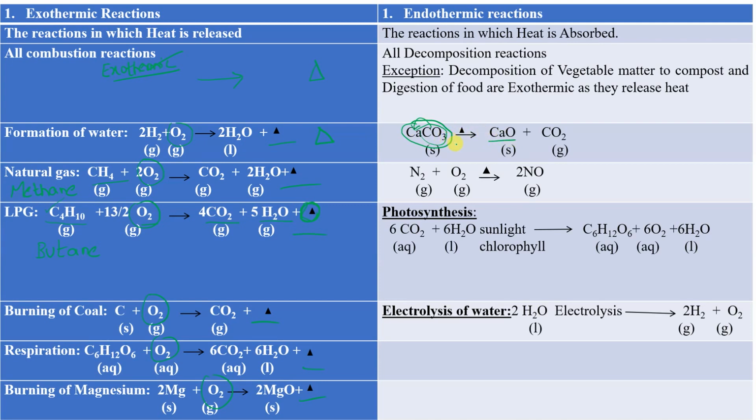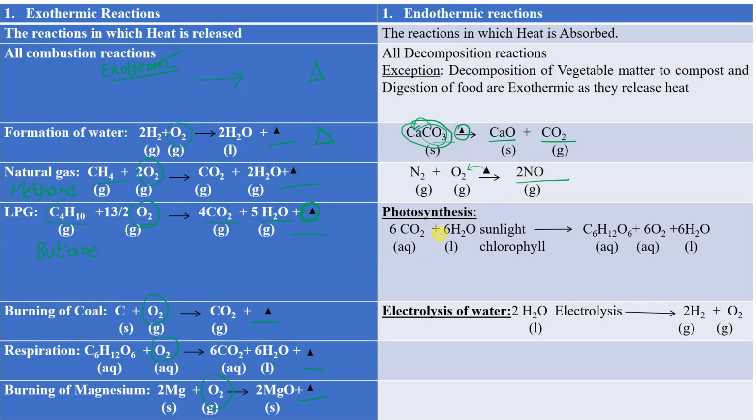When one oxygen is removed, we get CO2. So I'm heating calcium carbonate and I get two different chemicals. In this process, I'm giving heat to the system. Similarly, when N2 and O2 are heated together, they absorb heat, combine with each other and form NO.